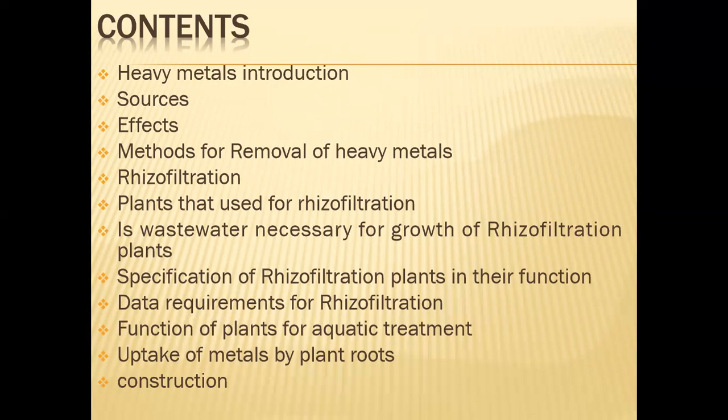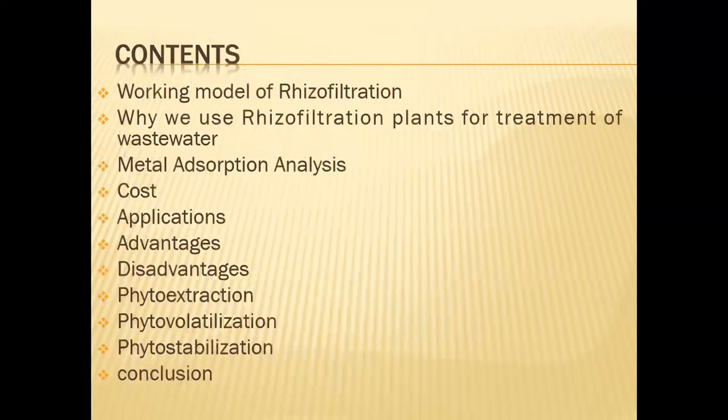Specification of rhizofiltration plants in their function, data requirements for rhizofiltration, function of plants for aquatic treatment, uptake of metals by plant roots, its construction, working model of rhizofiltration, why we use rhizofiltration plants for treatment of wastewater, metal adsorption analysis, cost, applications, advantages, disadvantages, phytoextraction, phytovolatilization, phytostabilization, and conclusion.